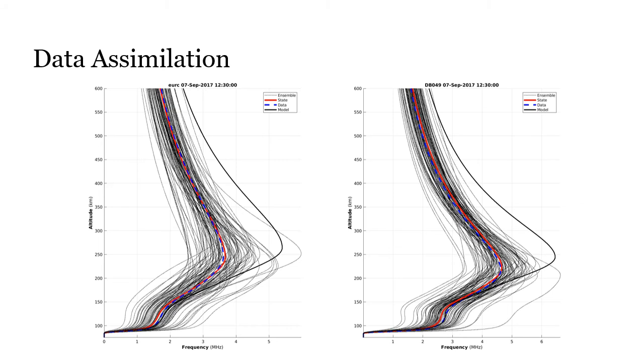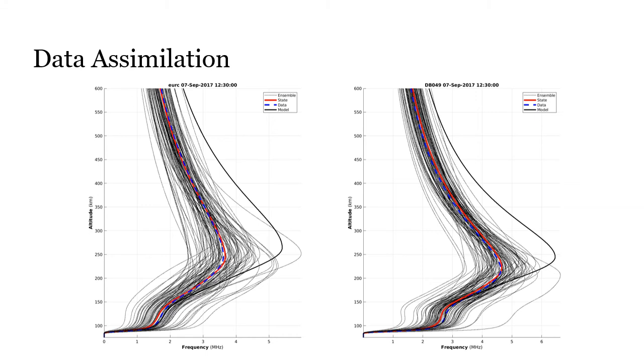Nothing to fear, though. Instead of incorporating these measurements directly into the models when we create them, we can assimilate those measurements into those models at a later time. What I'm plotting here, the black solid curve, is the electron density profile that we get from each model. The blue curve is the true measured electron density profile of the ionosphere from an incoherent scatter radar.